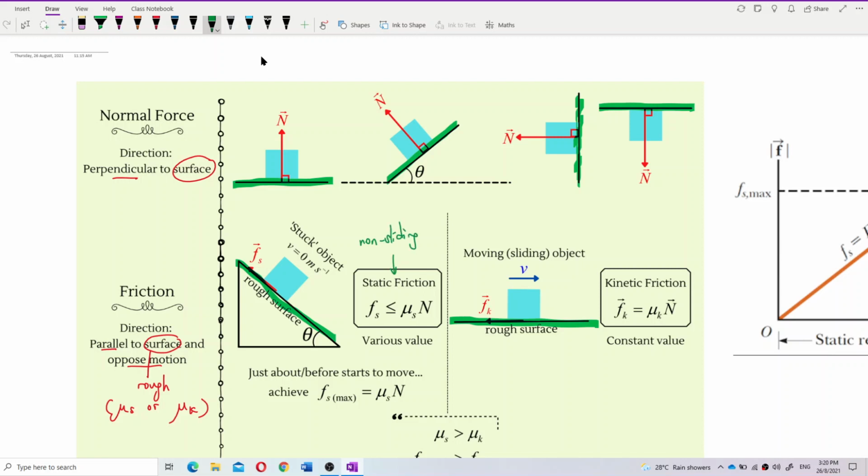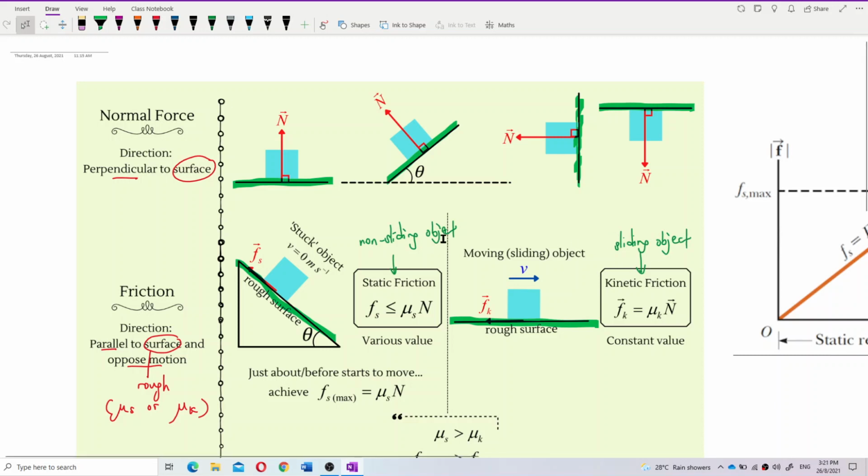I don't use the word moving, I better use the word sliding, non-sliding. Kinetic friction is for those objects already sliding. I mean the two surfaces in contact are already sliding.